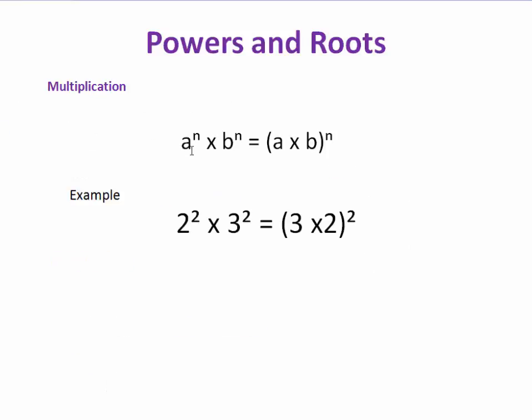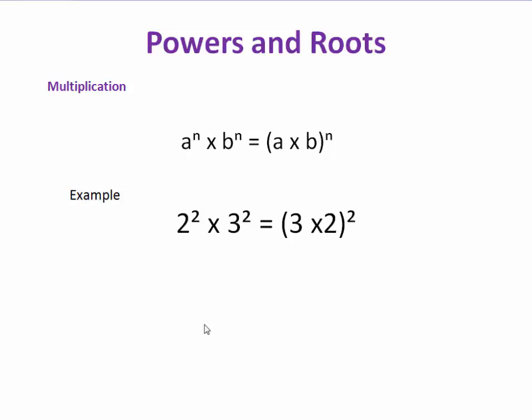When we're multiplying and we've got different bases but the same exponent, then we can write it in this way, where we have the exponent on the outside and a multiplied by b, the two bases multiplied by each other, in brackets. So we can then multiply out the bracket with the exponent, so we get a to the n multiplied by b to the n.